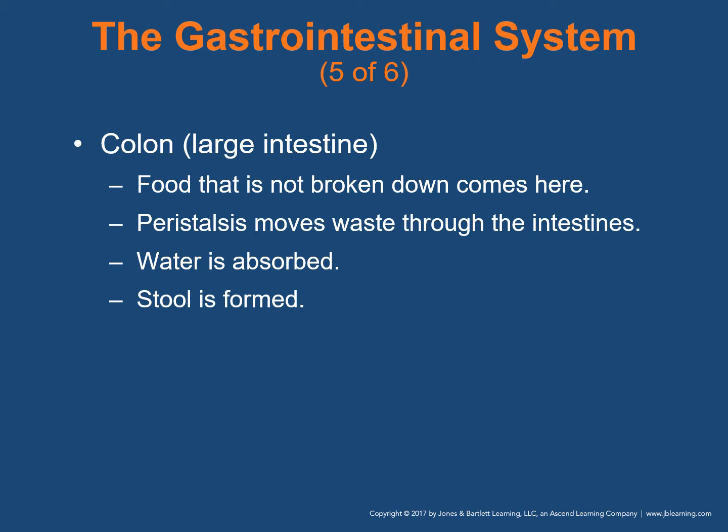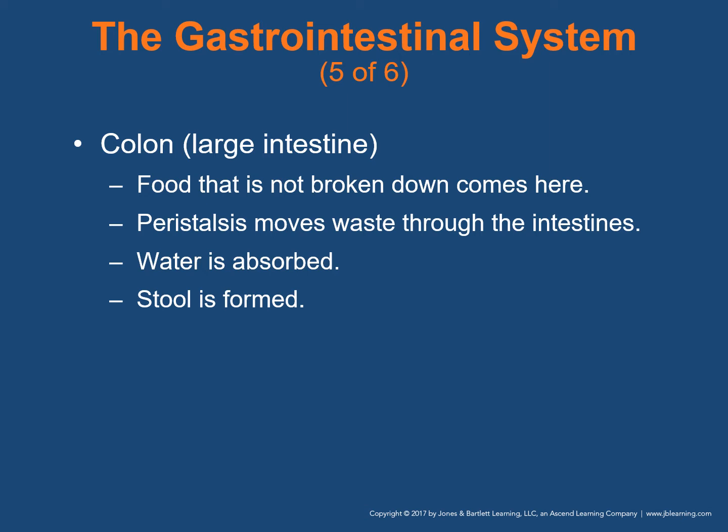From the small intestine, we go to the colon, or the large intestine. Food in here is not broken down. The colon's going to receive the things that didn't get absorbed or broken down in the small intestine. We talk about how food moves through, and it's a process called peristalsis.